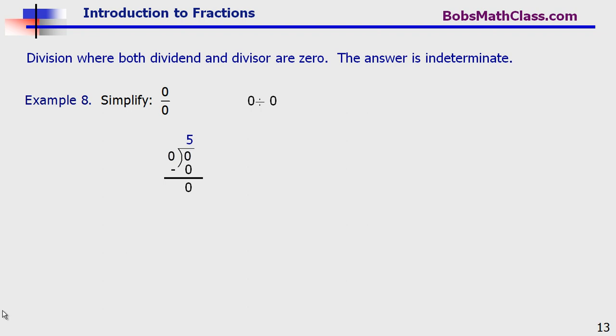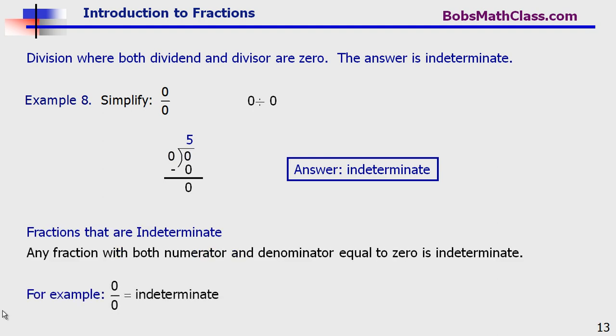They'll still work out, so we cannot determine what the answer is. This is a topic that's going to be discussed later in calculus. So right now, this is where we'll leave it. The answer is simply indeterminate. So any fraction with both numerator and denominator equal to 0 is indeterminate.